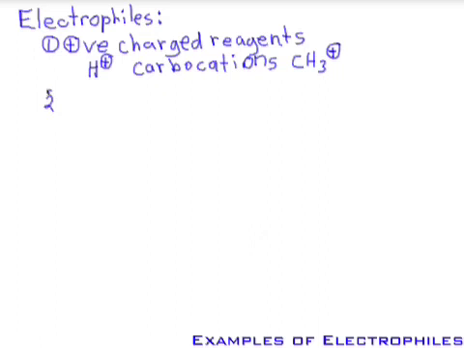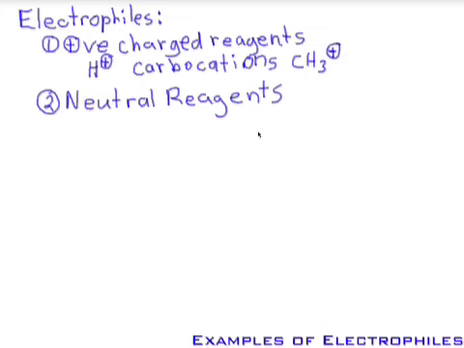We also have the possibility of neutral reagents. In our syn and anti-addition, we had neutral reagents involved in the reaction. Well, neutral reagents can come in two forms. We can use Lewis acids.